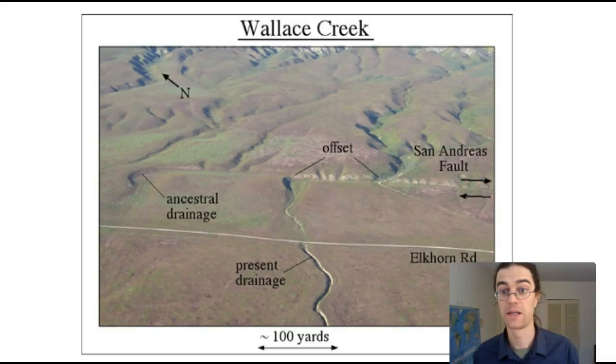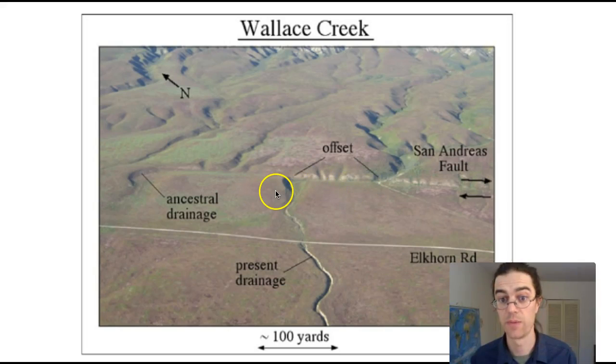So to get back to our Wallace Creek example, here's an aerial photo of that again, a different one, but you can see the offset here, and this picture is in the lab for the week as well. You have a scale here of 100 yards.